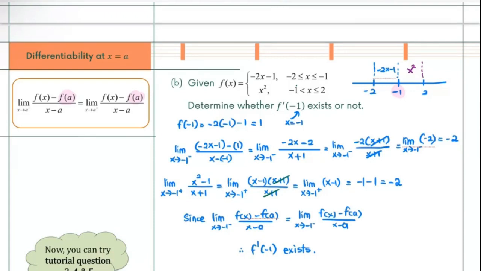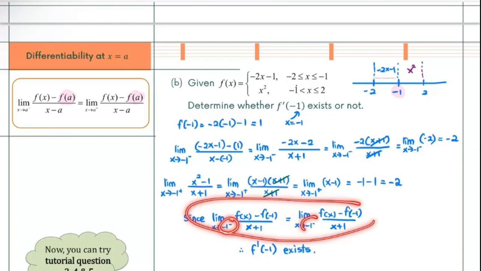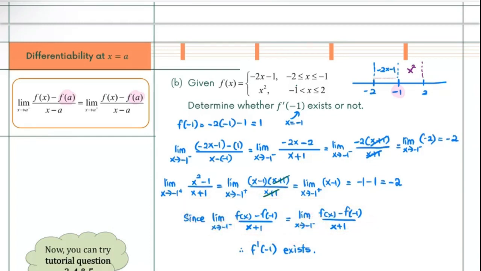So actually I can just write it like this. Okay. So saya nak ubah dia kepada f of negative 1. Dan ini dia akan jadi x plus 1 lah. So kalau nak tulis yang macam ini pun tak ada masalah. Sebabnya ini kita mengaplikasikan apabila gantikan terus value of a itu dengan negative 1. So this one is also true.